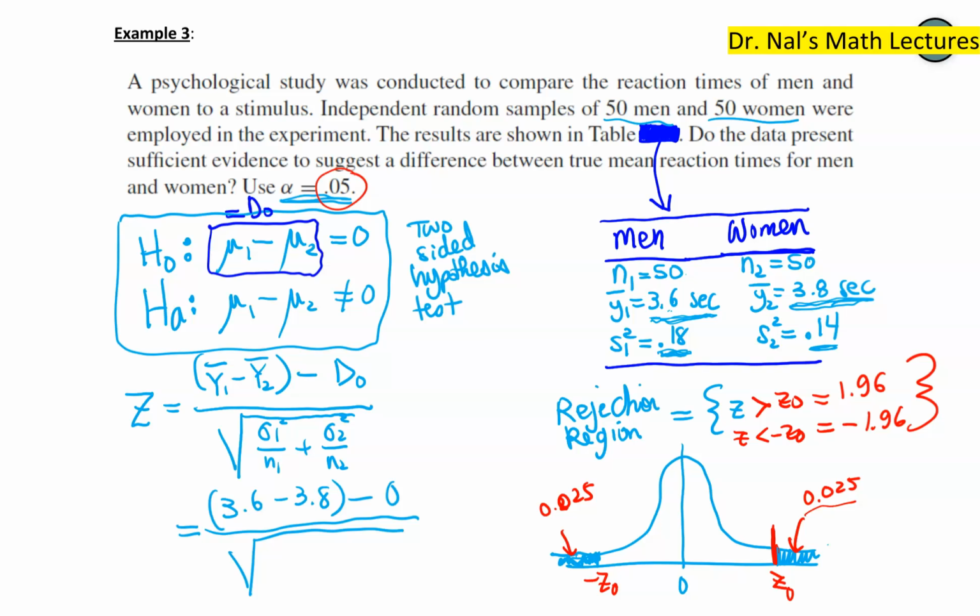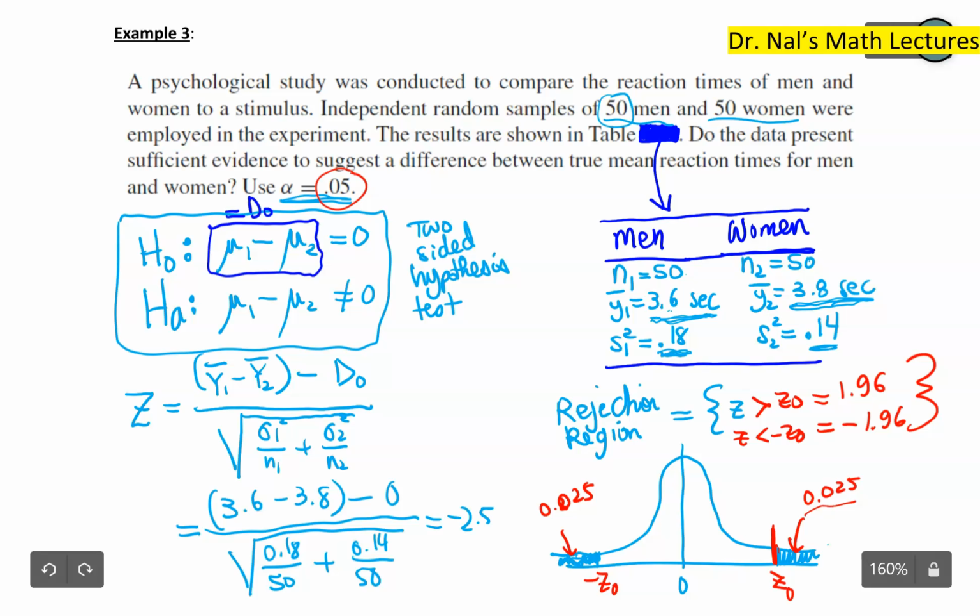We can use s1 square and s2 square to replace them, because like we said earlier, 50 is a large enough sample. Anything more than 30 is a large sample. So it is 0.18 divided by 50 plus 0.14 divided by 50. If you finish this calculation, z comes out as minus 2.5.